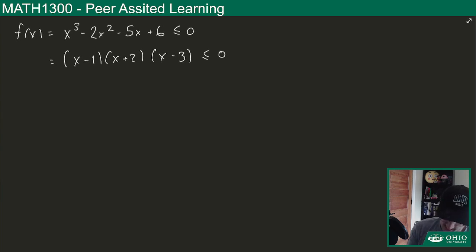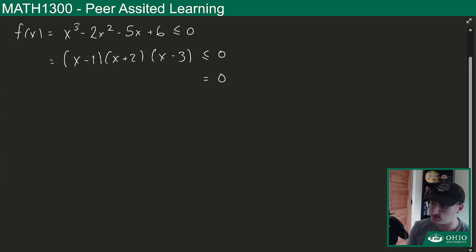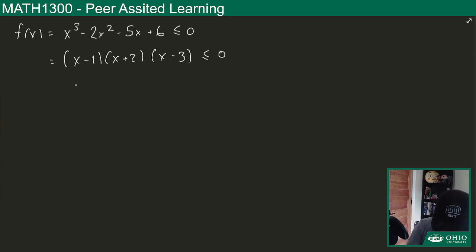So I factored my polynomial and I have it compared to 0. What I want to do is write down all of the specific zeros that are produced by this factorization. For just a moment, you want to pretend that this is equal to 0 and then write down all of those factors. So from these factors, I have x equals 1, x equals -2, and x equals +3.